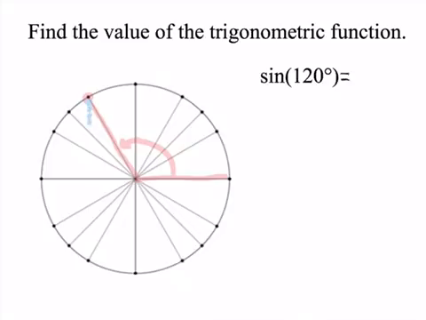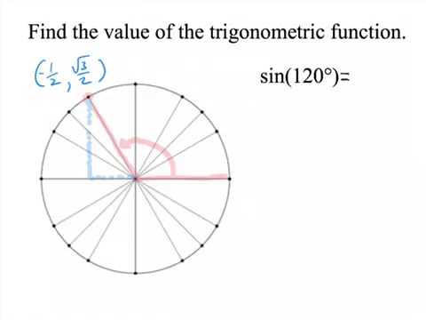If you were to draw a little right triangle here, it could help you visualize, and that little right triangle can help you find the coordinate at the edge. That coordinate is over negative 1/2, because your x is negative, and up square root 3 over 2.